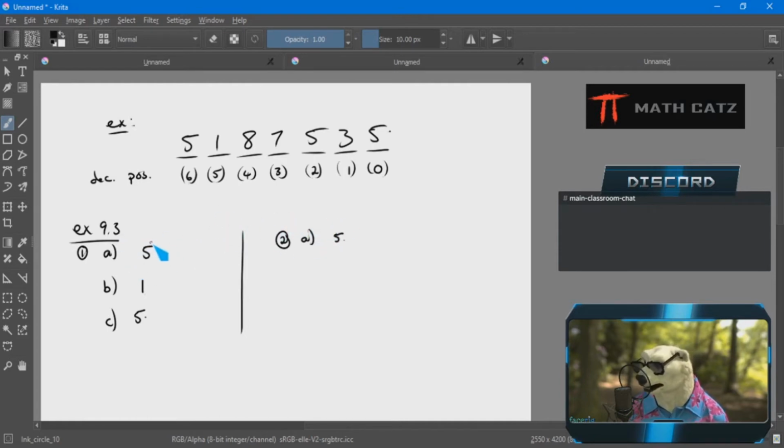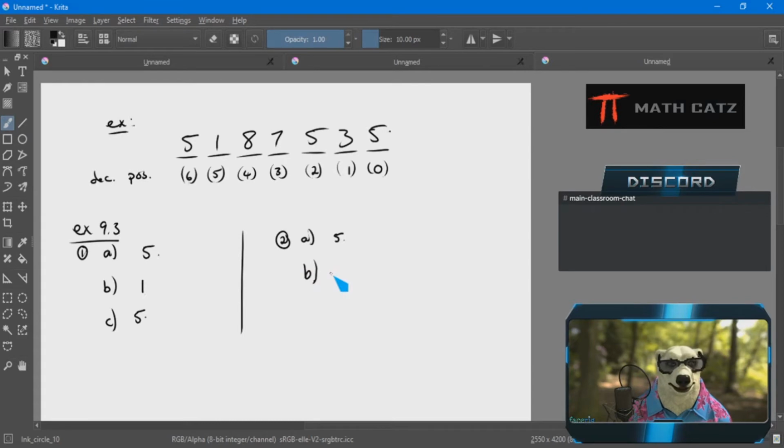This 5 was a position. This 5 is a digit. Or the other way around. The first 5 is a digit. The second 5 is a decimal position. Either way, they're different. I forgot my own question.